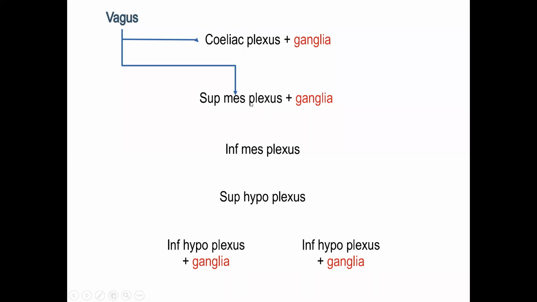They accompany the superior mesenteric artery to reach the midgut structures. The inferior mesenteric plexus, the one which supplies the hindgut, is not supplied by the vagus. So the left third of the transverse colon, descending colon, sigmoid colon, rectum, anal canal have necessarily got to be supplied by the sacral nerves, the pelvic splanchnics.